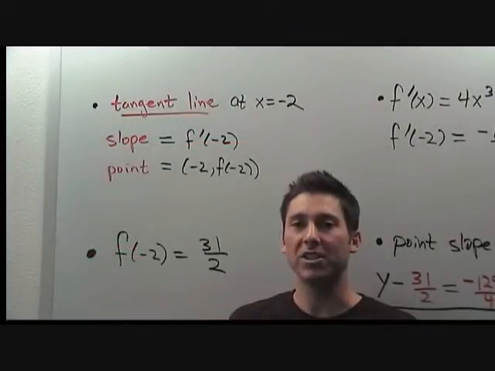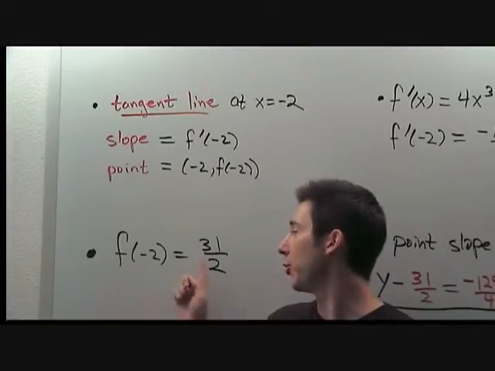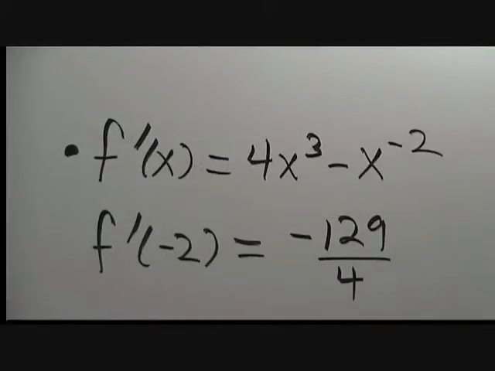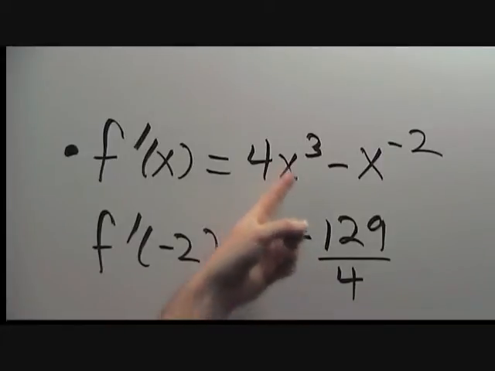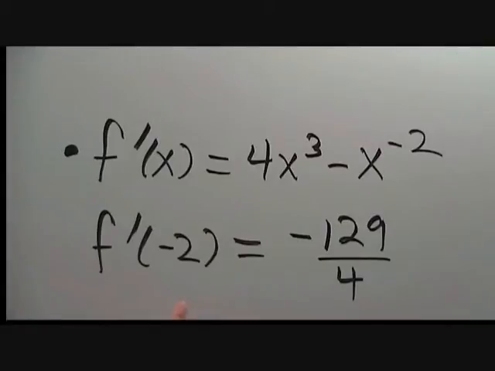The next step was to compute f of -2. That turned out to be 31/2. Then we computed f prime of x using the power rule twice, which gave us 4x cubed minus x to the -2. We had to evaluate f prime at x equals -2, which gave us -129/4.